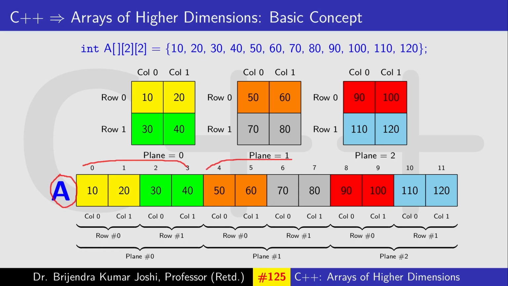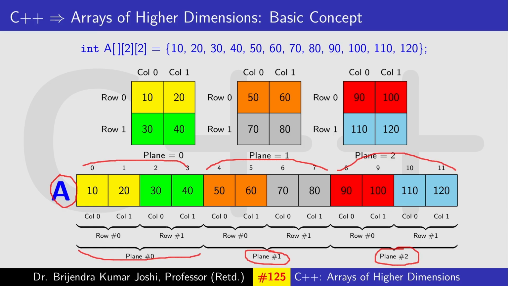Next plane, these 4 elements, and next these 4 elements would be stored at the end. Now I have written here, this is plane 0, this is plane 1, and this is plane 2.